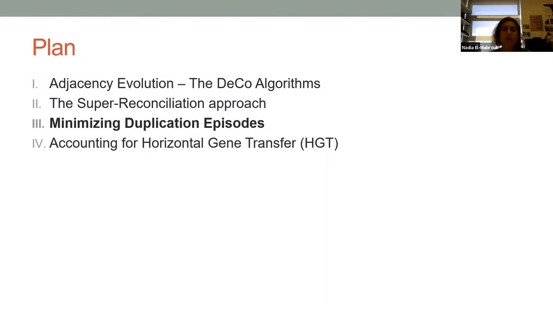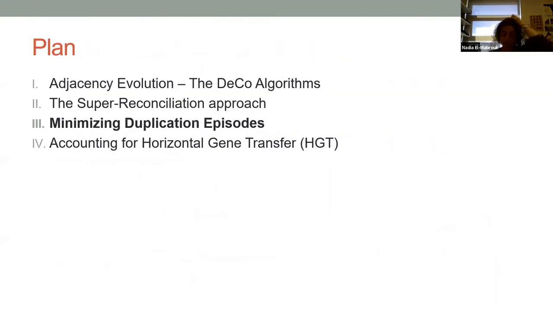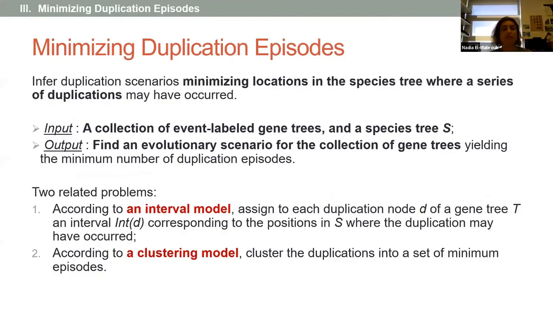Another way of doing it is to minimize duplication episodes, to account for multiple genes. Okay, so another strategy is to account for multiple gene duplications, to infer duplication scenarios minimizing duplication episodes.